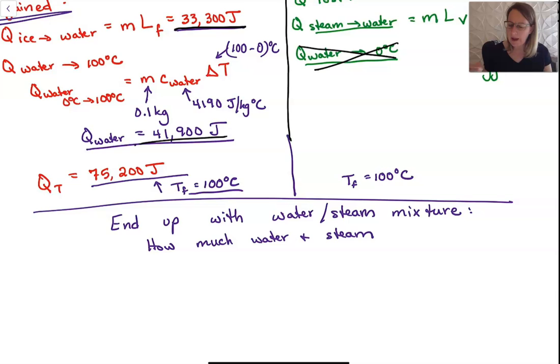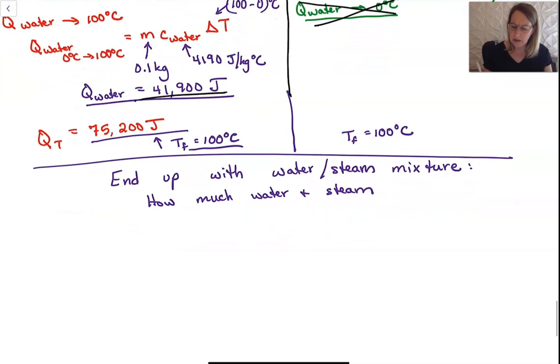And so the way we'll ask this question is we'll say Q absorbed, or Q in, plus my Q out is equal to 0. That's my energy conservation.